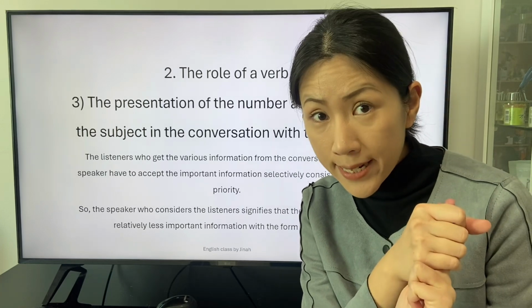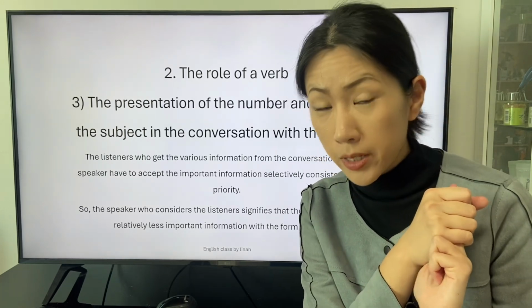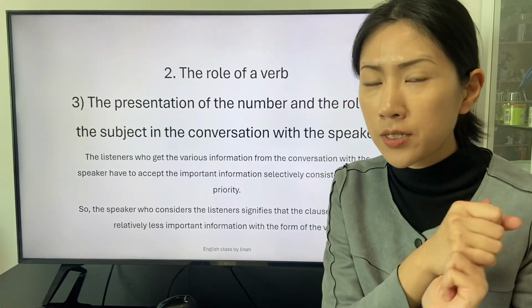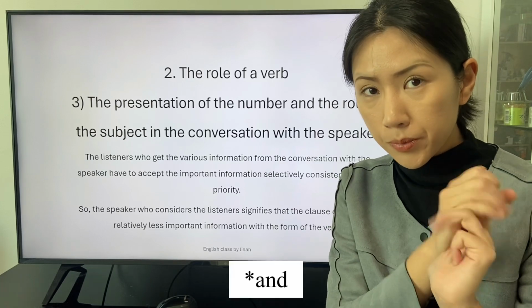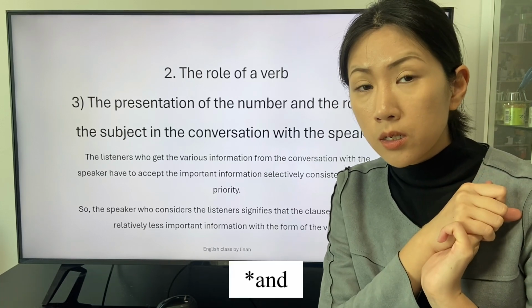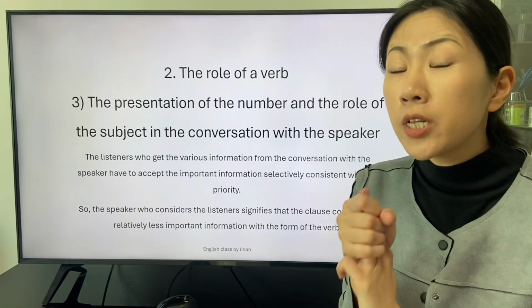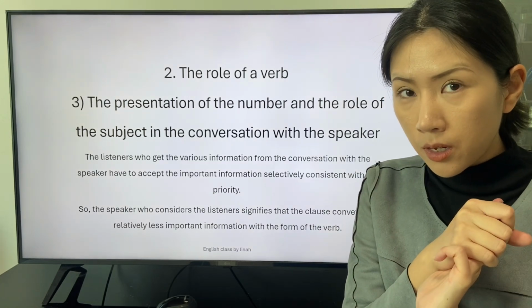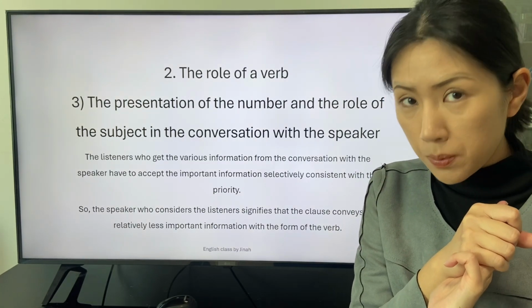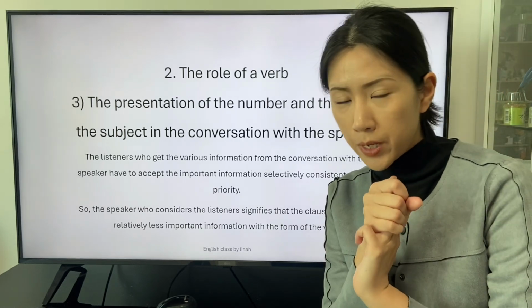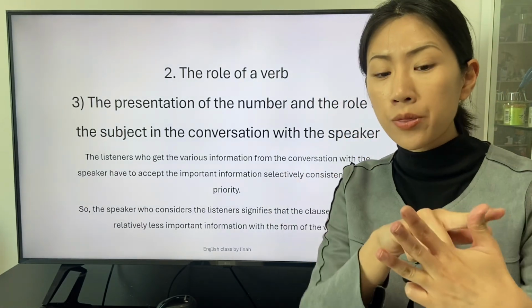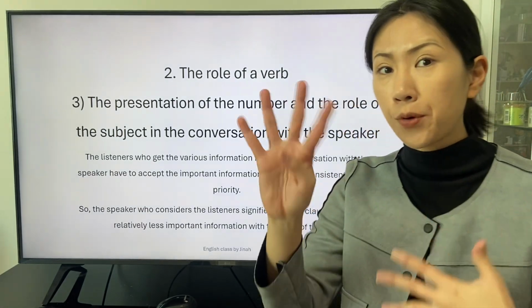The subjects who are not participants in the conversation with the speaker. The singular subject who is the participant in the conversation with the speaker. These are 3 cases out of 4 cases.